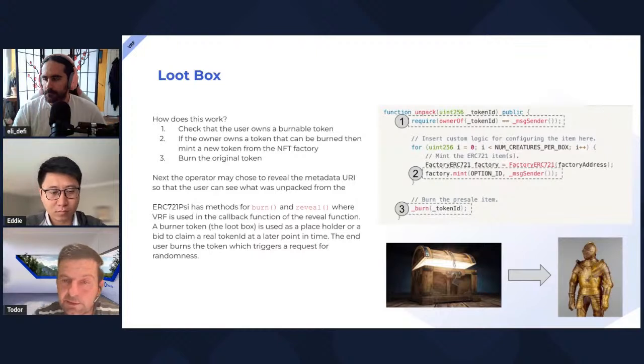You're purchasing an NFT with some kind of placeholder metadata. When you choose to reveal that NFT, the original one gets burnt, and then Chainlink VRF is called. When the callback function comes in, that decides exactly what the person is getting.